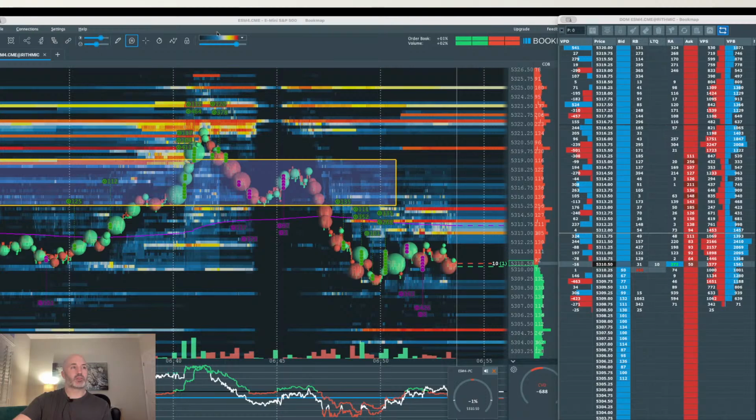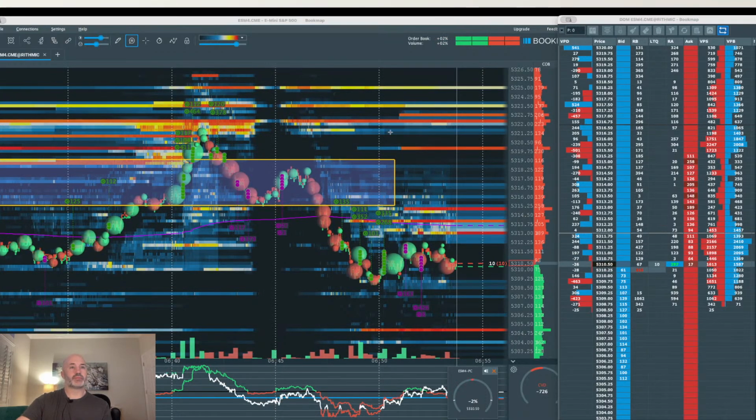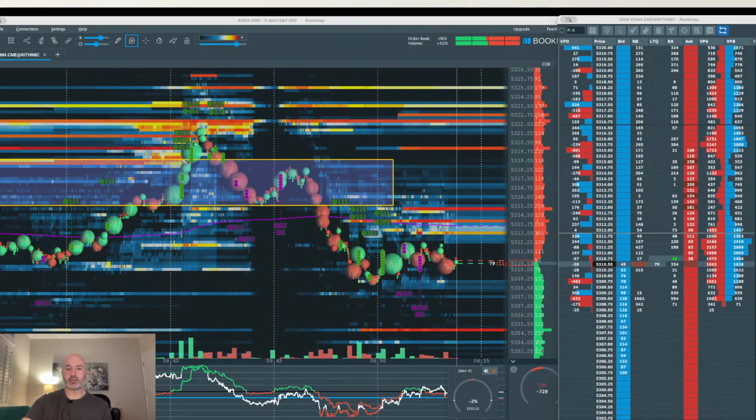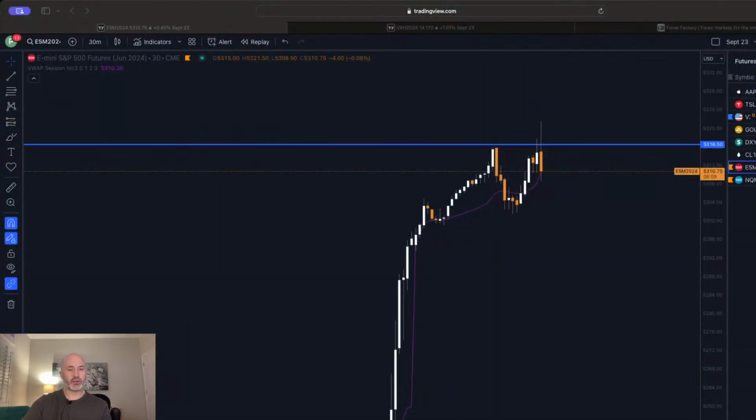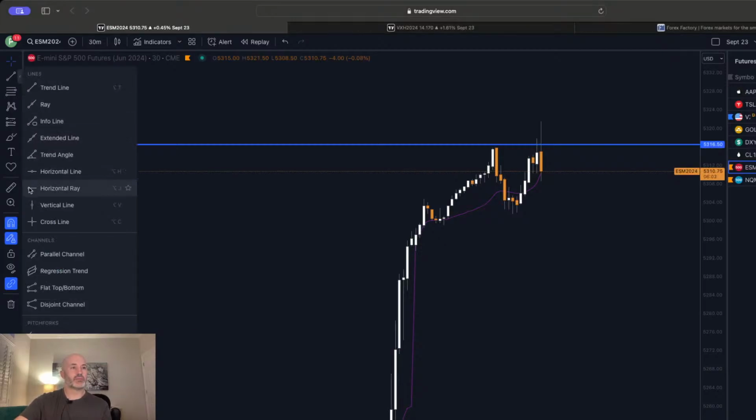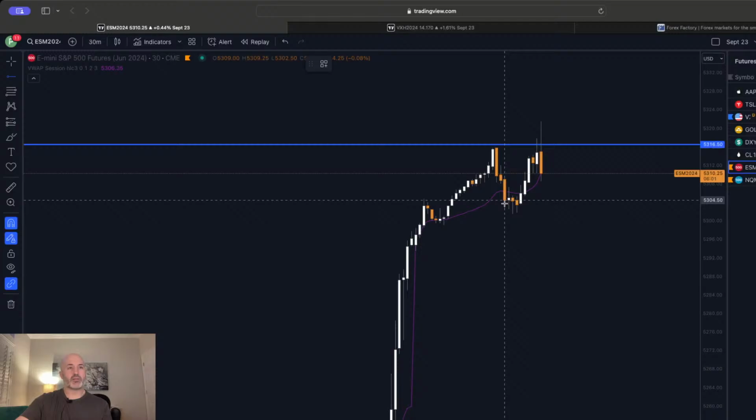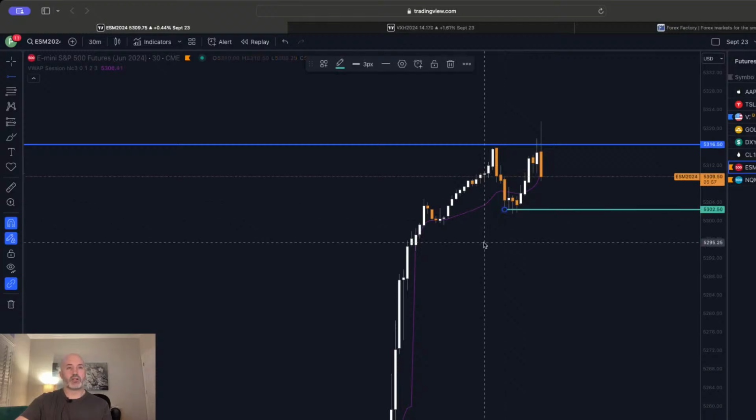Take profit. Usually I'm going to look at Bookmap. I'm going to look at TradingView for that real quick. That's where I usually look at where my take profit's going to be. So a good spot might be down here at this level where we found some resistance, 5302.